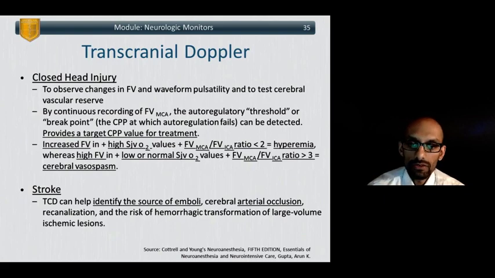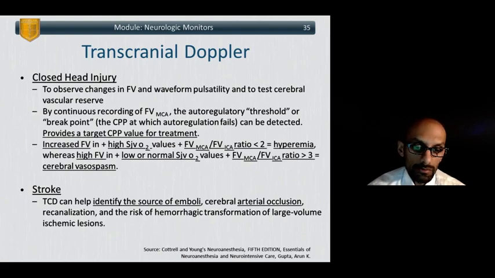Whereas high flow velocities in the setting of low jugular venous oxygen saturation, or with flow velocity ratios of the MCA to the ICA greater than 3, indicate cerebral vasospasm. If you work your way through those values, hyperemia versus cerebral vasospasm, it should be logical to you why this constellation of findings indicates hyperemia versus spasm.